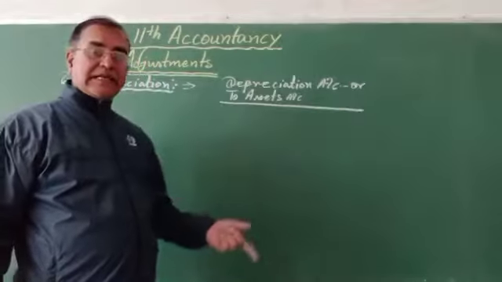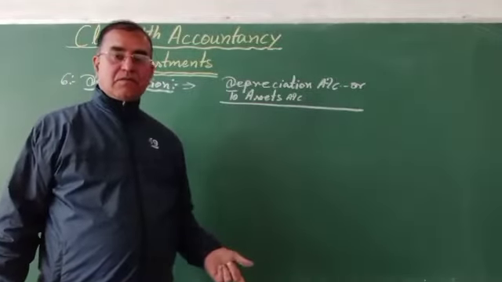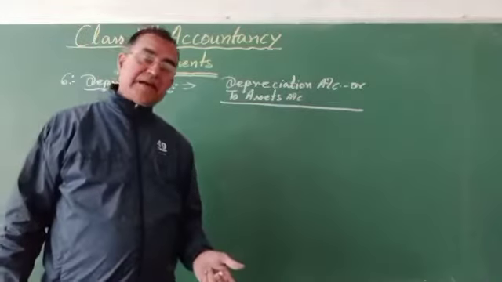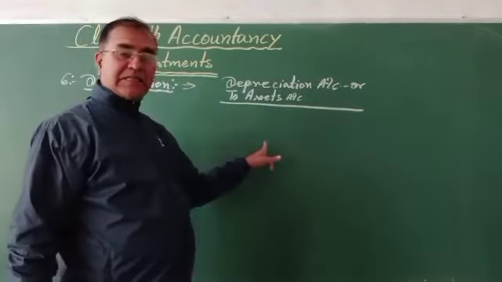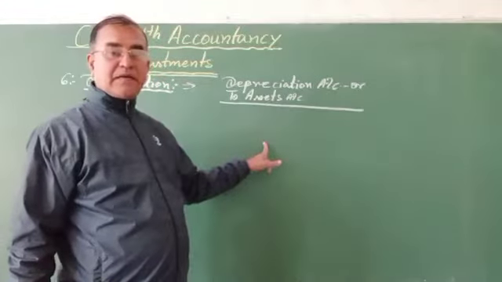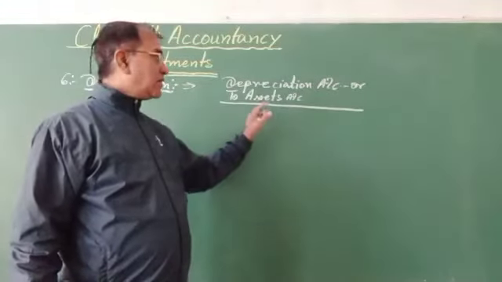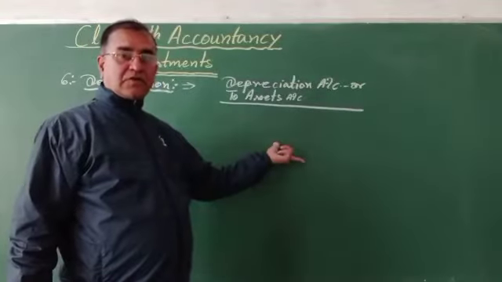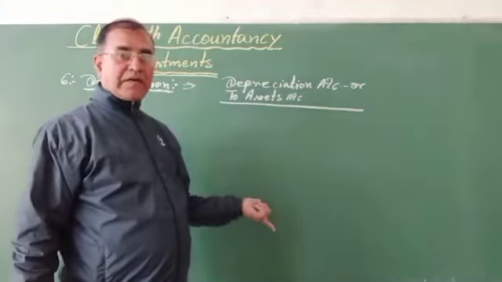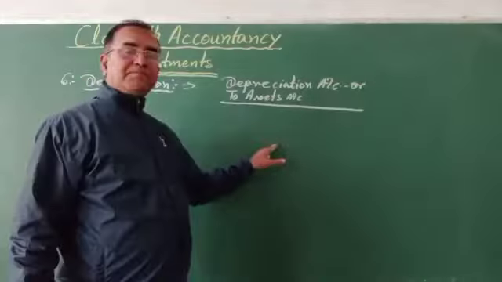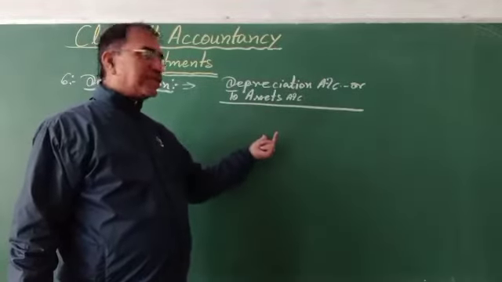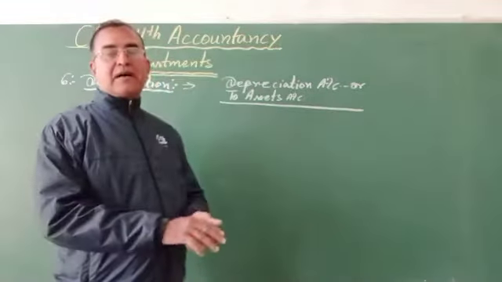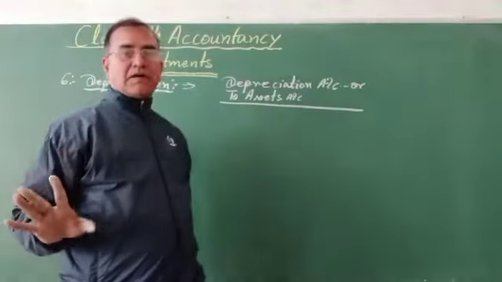And in the financial statement, what is the accounting treatment of this depreciation? In the financial statement, this is an expense, so it is deducted from the profit. That's why it is recorded on the debit side of the profit and loss account.